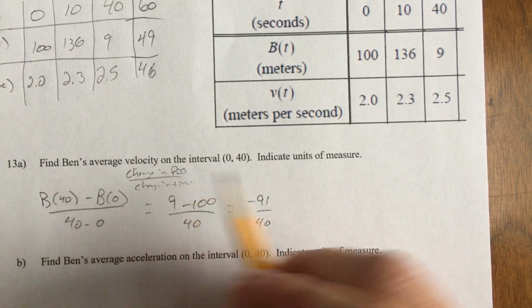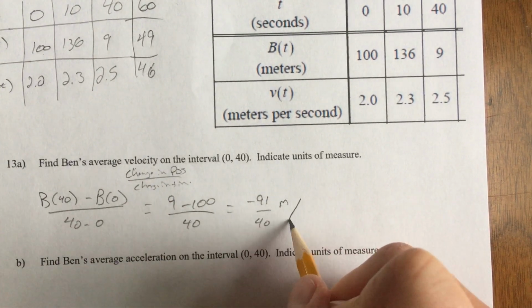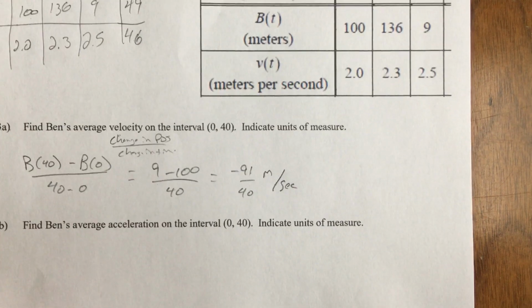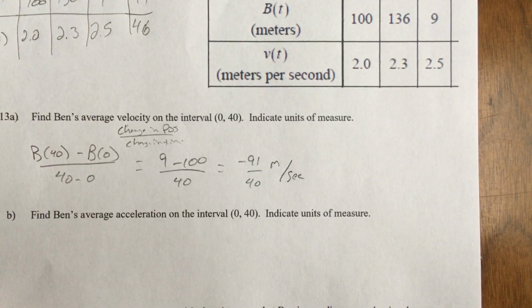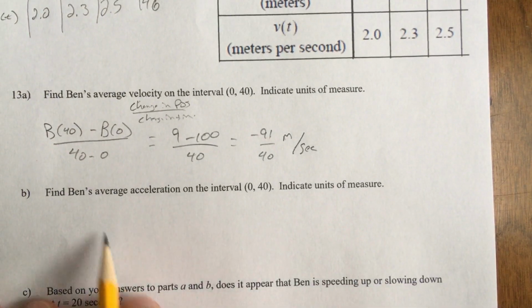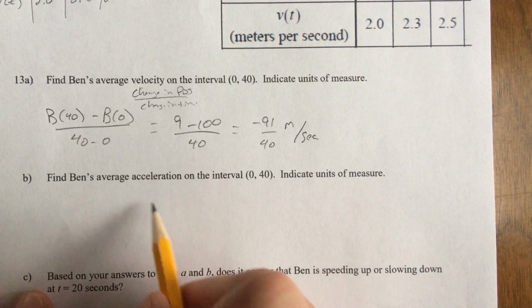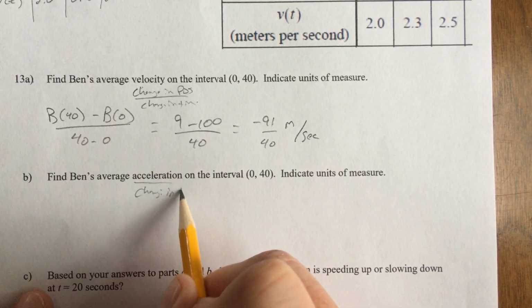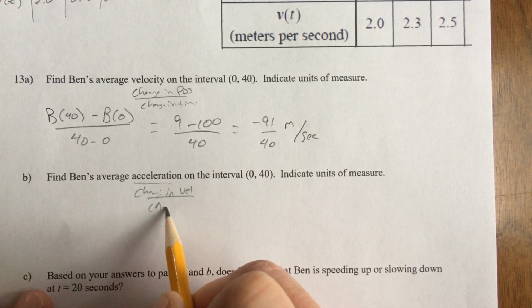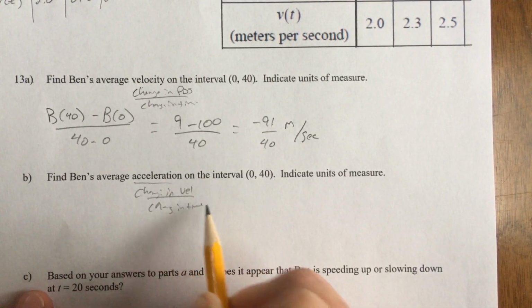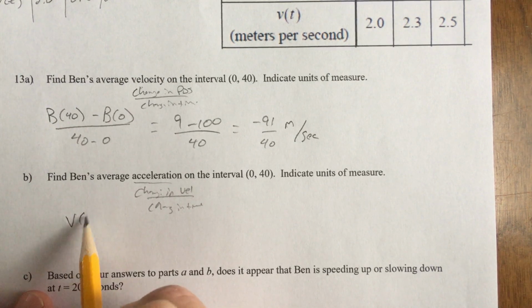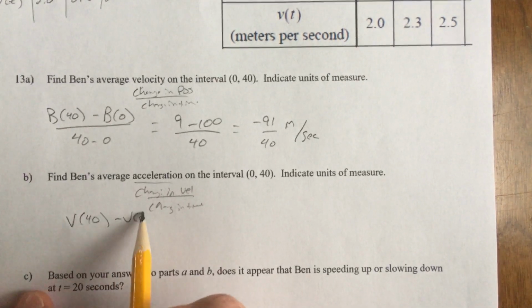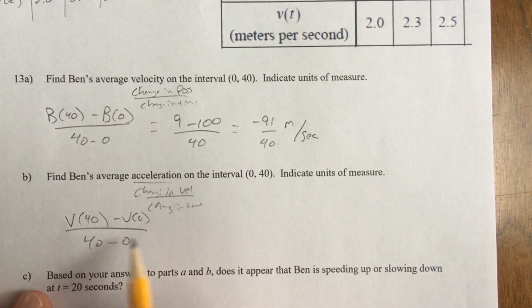But this is average velocity, so it'll be meters per second. Okay? That's our average velocity from 0 to 40. Find Ben's average acceleration. Now this is going to be change in velocity over change in time. So I want the velocity at 40 minus the velocity at 0 over 40 minus 0.